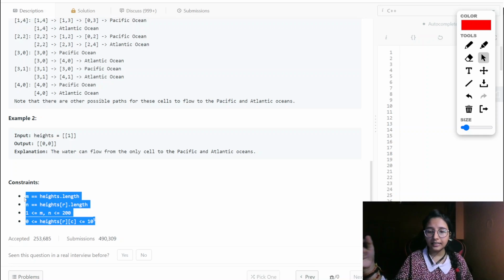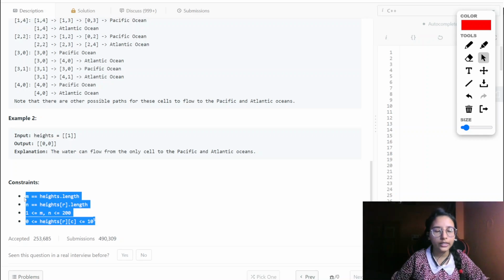So these constraints are in that manner so that we could go till a 10 raised to power 4 solution, and we can even go till an m into n solution, or an m into n whole square solution. But here, rather than going for an m into n whole square solution, the naive approach for this question is that we will check each node and then check whether that particular node satisfies the condition or not.